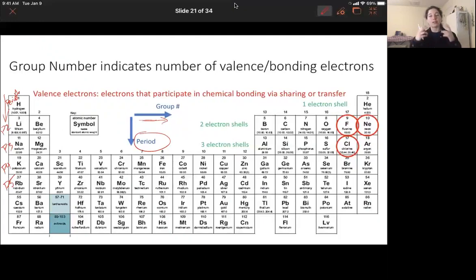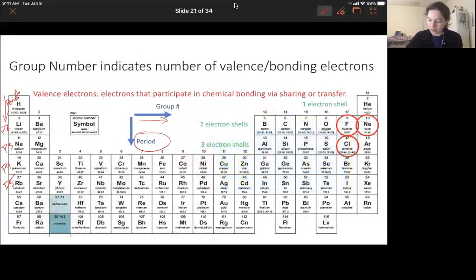So our hydrogen and our helium only have 1 electron shell around them. But then when you get to lithium and beryllium, you get another electron shell. So now you've got a second one in that second row. And then you get to sodium and magnesium, and you get another one. It gets bigger and bigger.